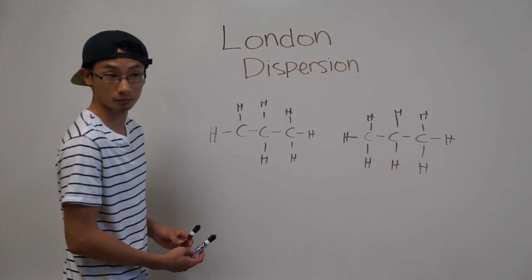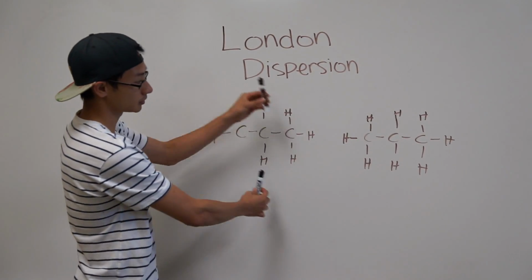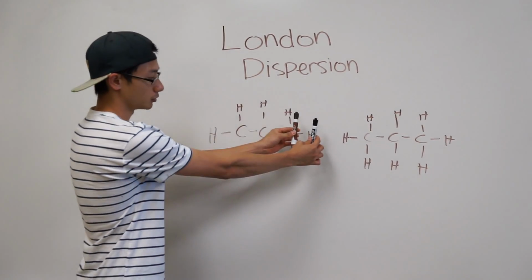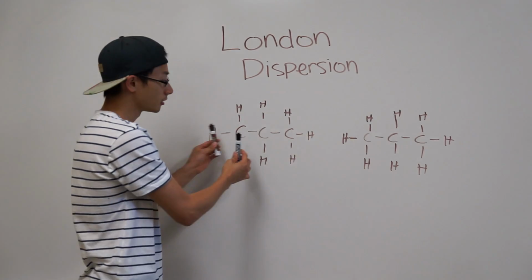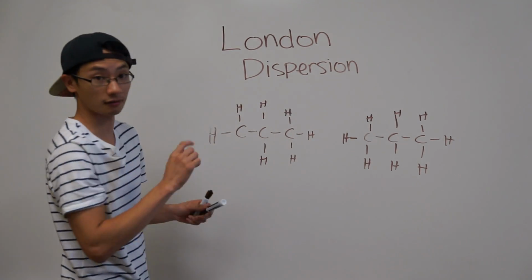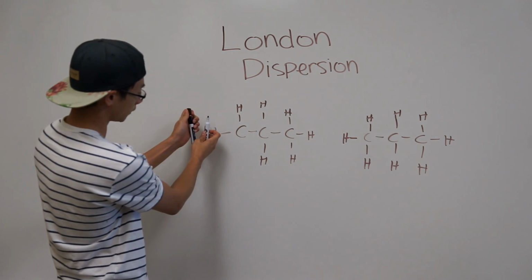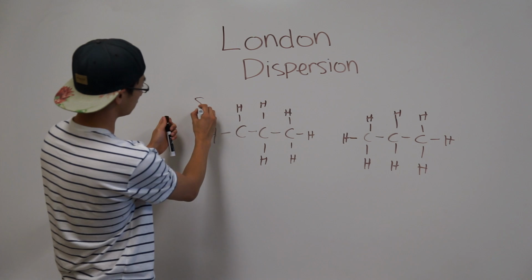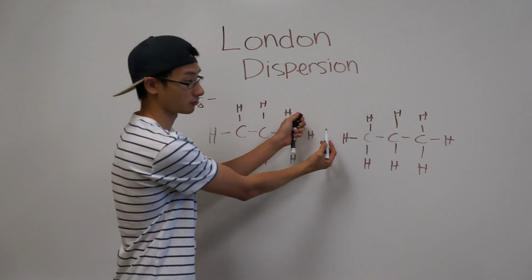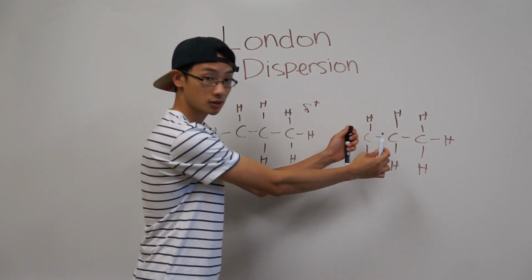If you remember from general chemistry, electrons are constantly moving around. But there are moments where the electrons sync and they start moving together. These moments create a very brief moment where all the electrons go to one side and this part becomes a partial negative, and all the electrons are missing from this side, which becomes a partial positive. Same goes for this molecule.